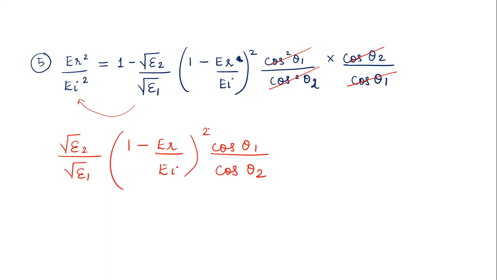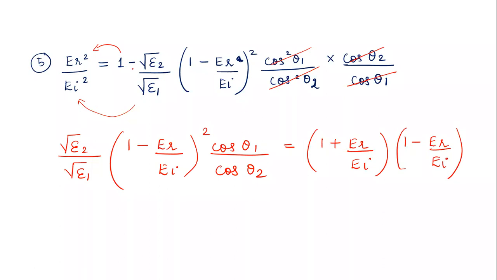So I kept this whole expression here as it is, equal to, after taking it on the other side, 1 plus ER upon EI into 1 minus ER upon EI. This is, I think, simpler than taking that term. So I kept this much as it is, and I have taken this one here, and then a plus b into a minus b.